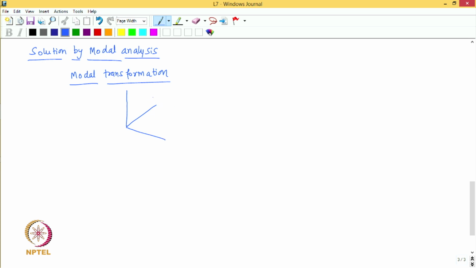and any vector in this space, for example, if I take any vector like this, then this vector x can be represented as a linear combination of vectors which are the basis vectors.